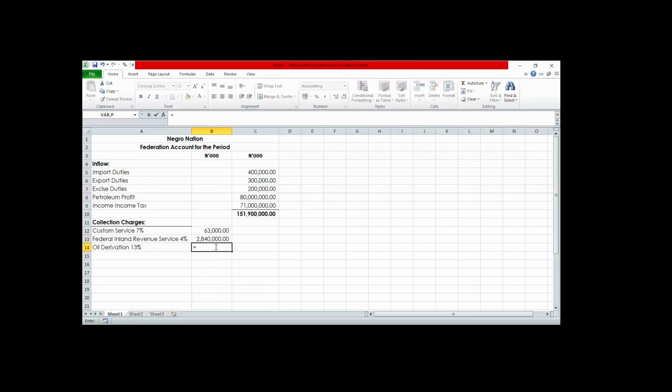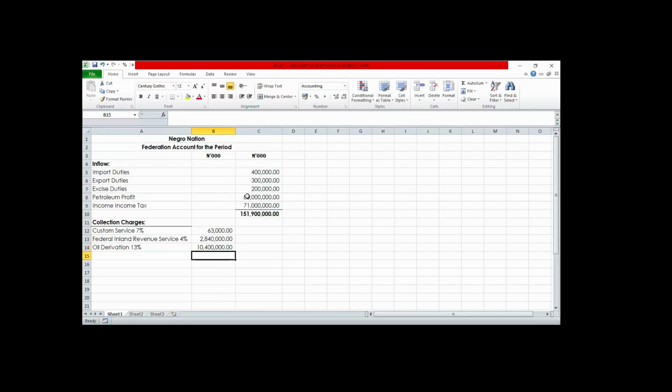Then for the oil derivation, we have 13% times petroleum income. Addition of this will now be deducted from here.